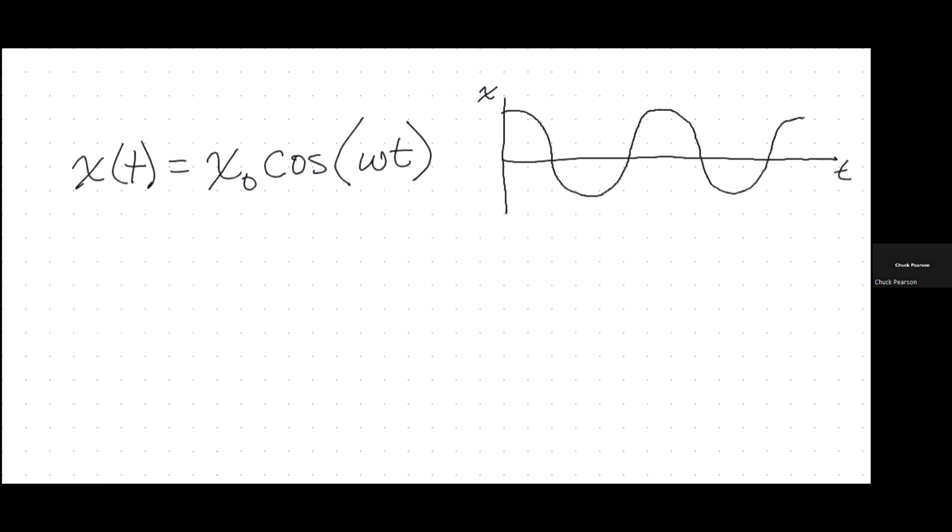I shouldn't say 1, I should say this is x naught here. And because the cosine itself goes from 1 to negative 1, what's down here is negative x naught. And we go through the up and down.